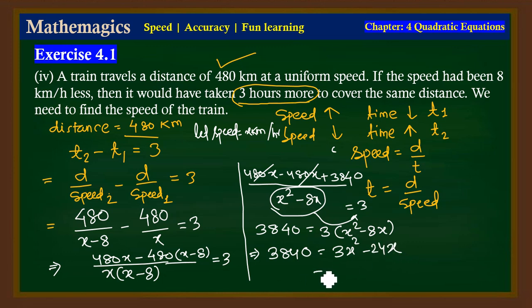And if I keep everything on one side, this 3840 will come to this side, and that becomes 3x square minus 24x minus 3840 is equal to 0.